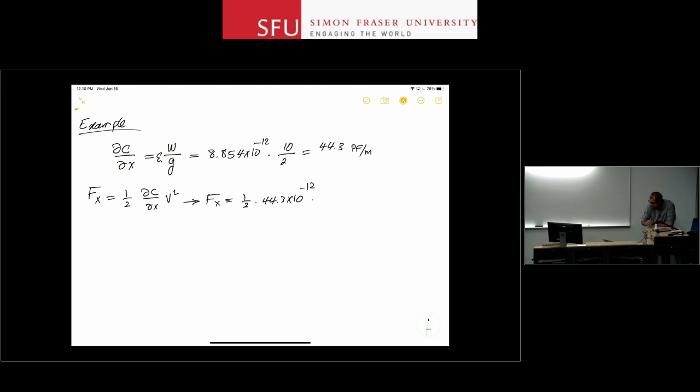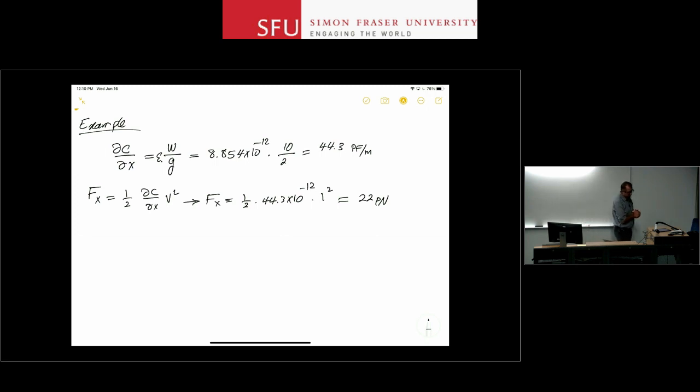And the voltage in this case was just 1 volt. If you do the math, it's going to be almost 22 piconewtons.